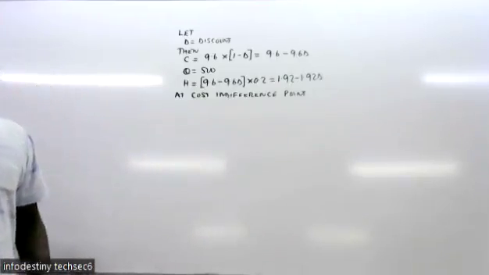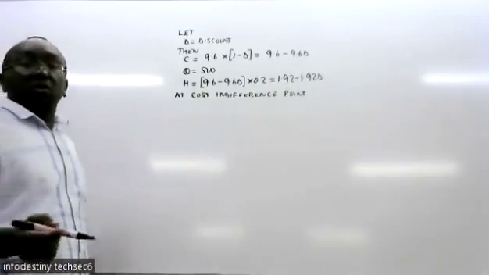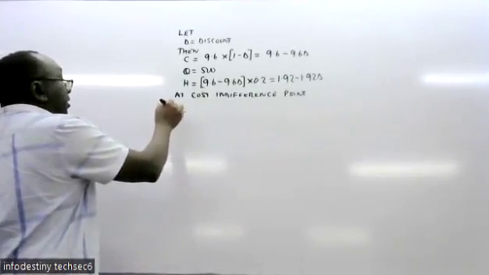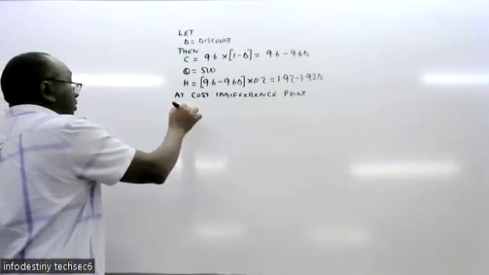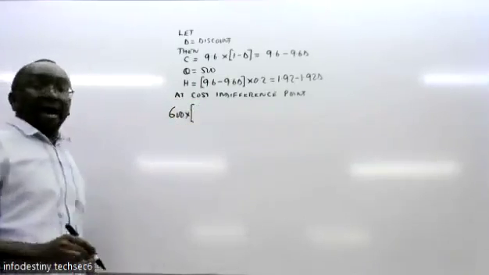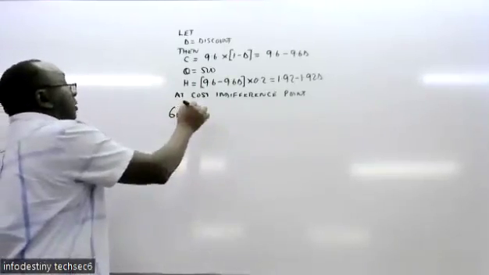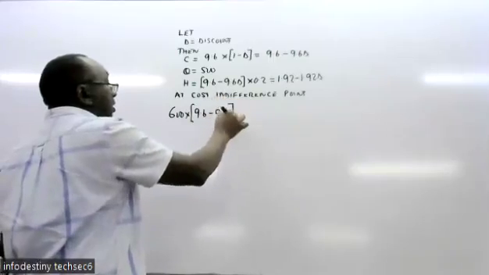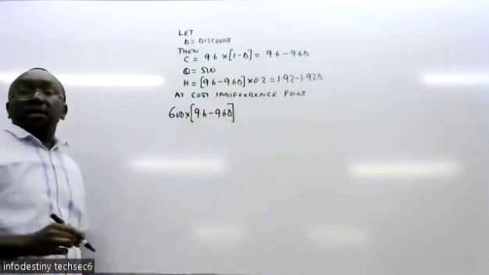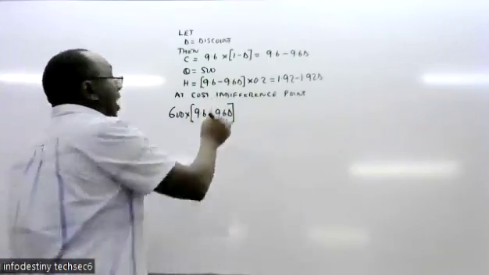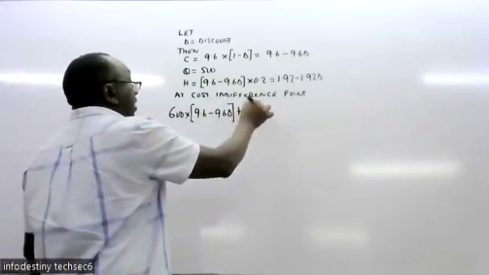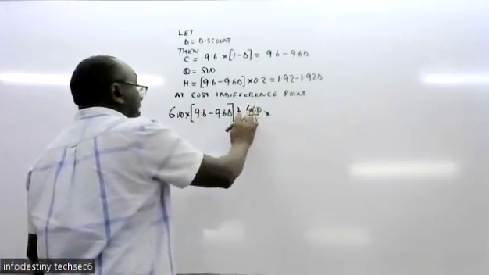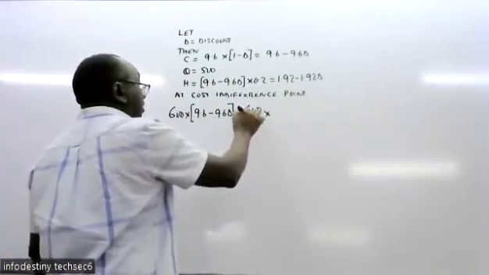If we take our costs with discount, we will then say it is 600 boxes, you multiply by 9.6 minus 9.6D, that's times C, plus 600, you divide by 500. Our Q is 500.